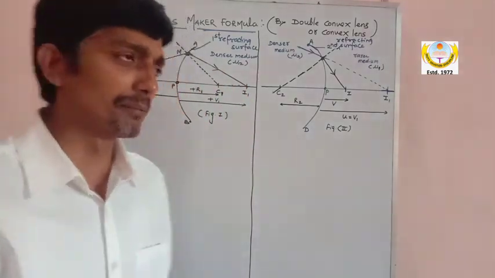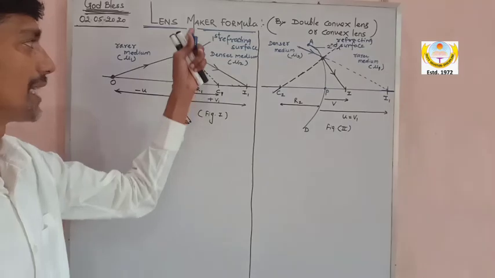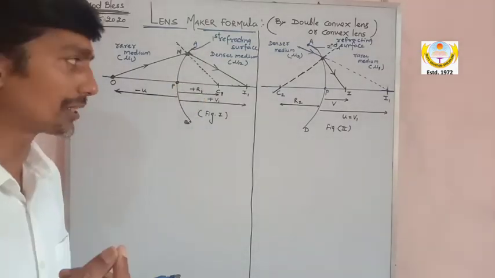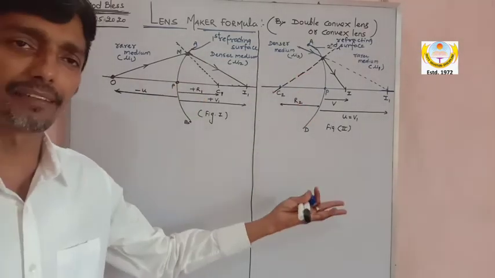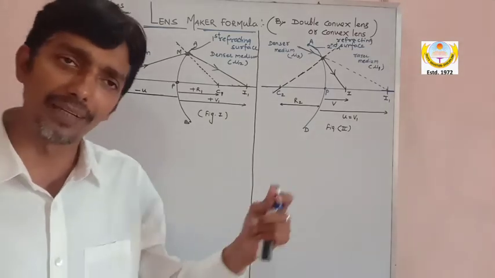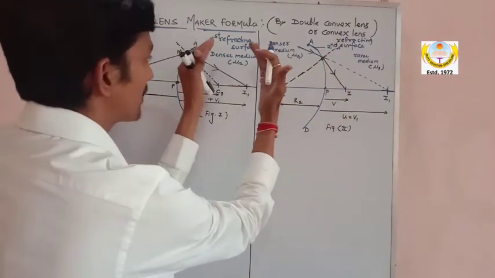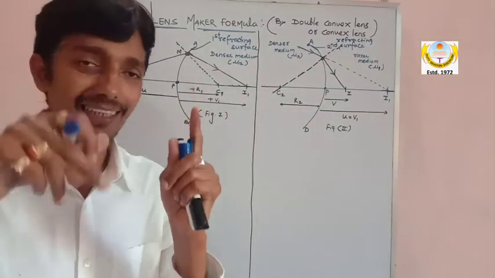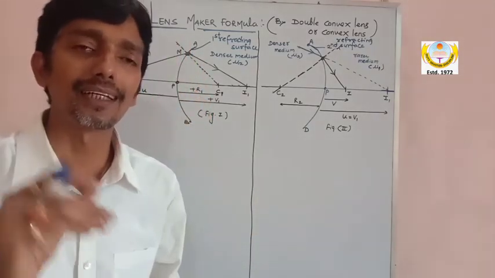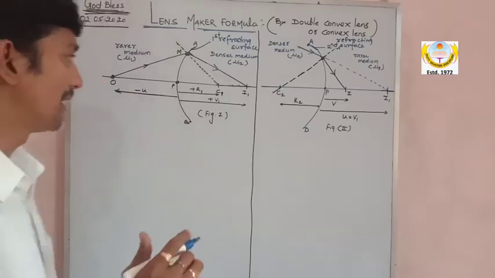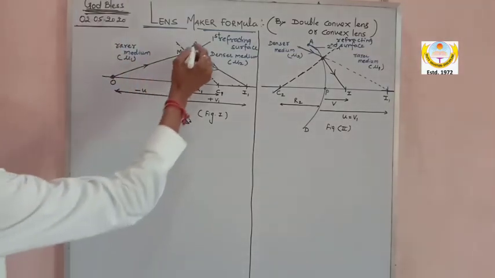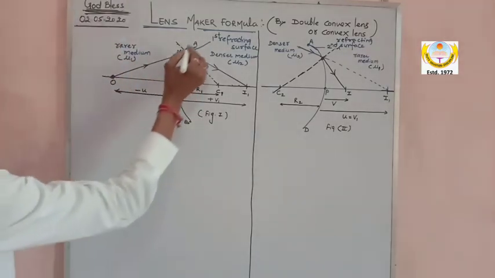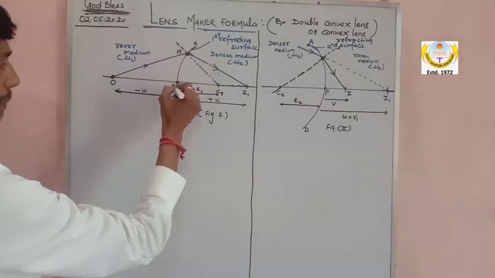Let's start with the first refracting surface, and I will get one equation. By using the second refracting surface, I will get another equation. I will combine both the equations and I will get a lens, and that will give us the lens maker formula. When I use the first refracting surface, the name of the surface is APB.